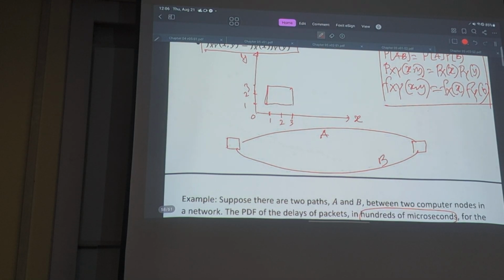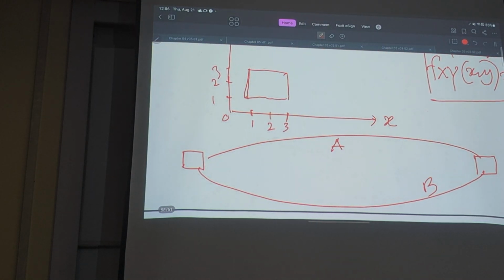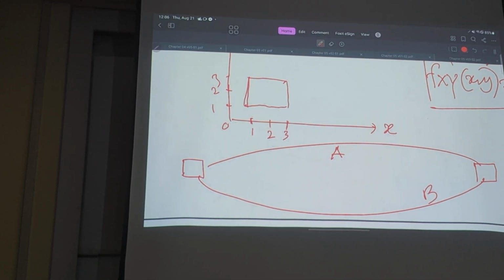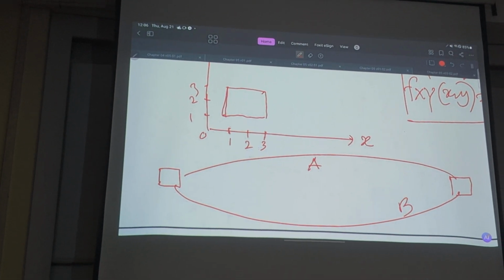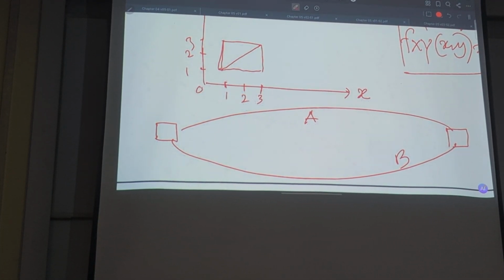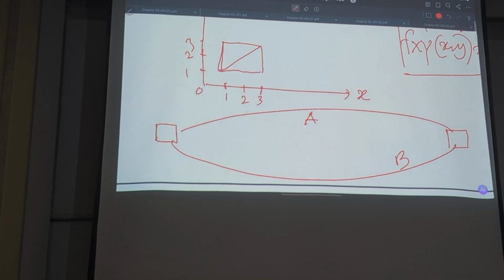So, which part of this curve indicates that the delay of one path is 50 microseconds more than the other? Can anyone draw? So, what does this line indicate?